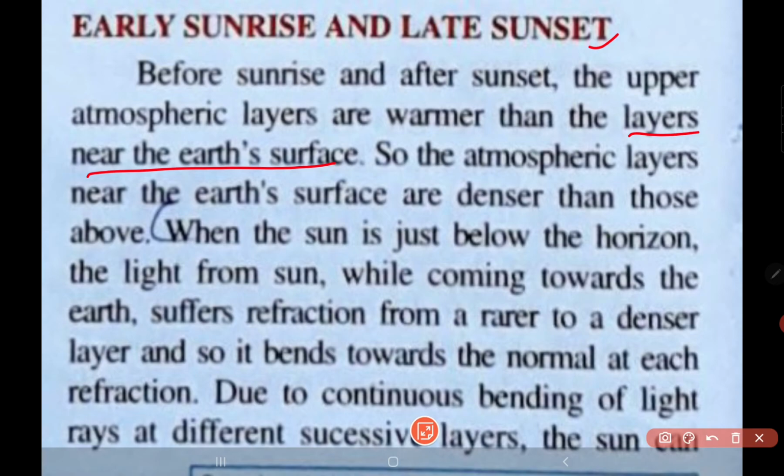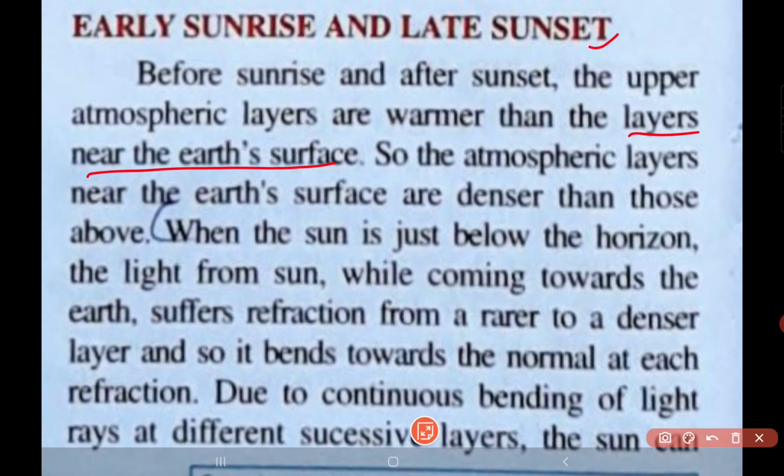So the atmospheric layers near the earth's surface will act as a denser medium because they are colder than those above. When the sun is just below the horizon, the light from the sun while coming towards the earth's surface suffers refraction from a rarer medium to a denser medium. So it bends towards the normal at each refraction.